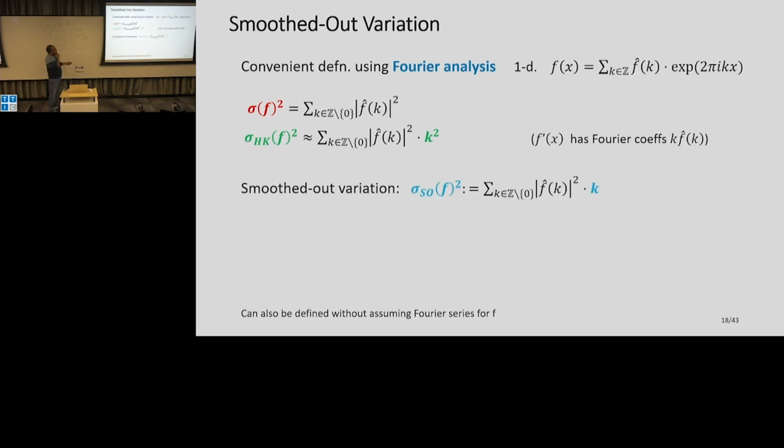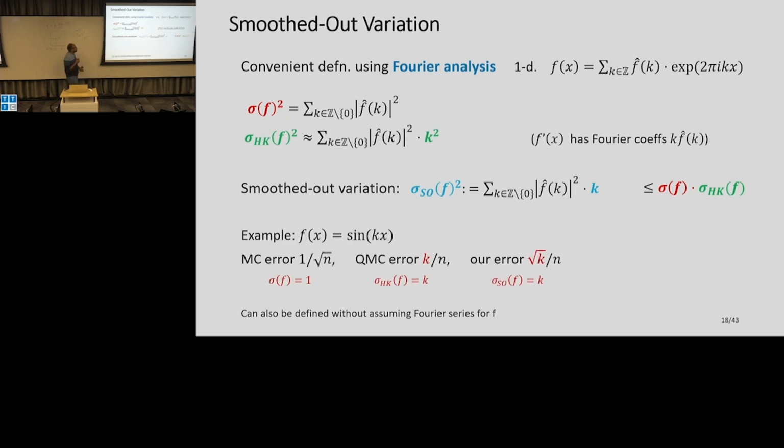So great. Smoothed out variation, you can think of it as replacing this k squared by k. So it's a much smaller quantity. And again, just by applying Cauchy-Schwarz, you can see it's always bounded by the product of these two things. Here the coefficients are always 1, here it's k squared.